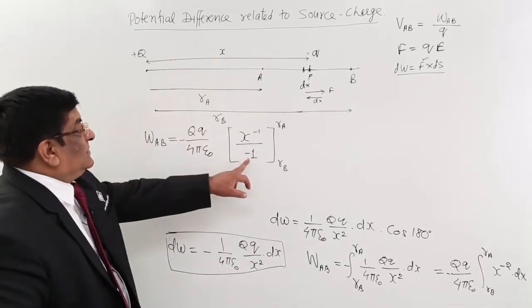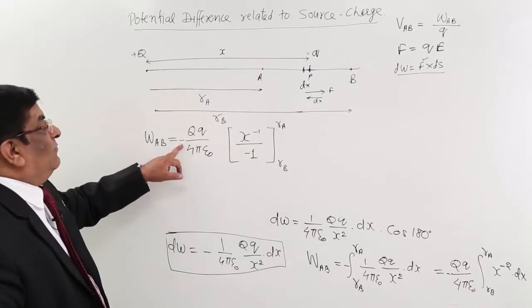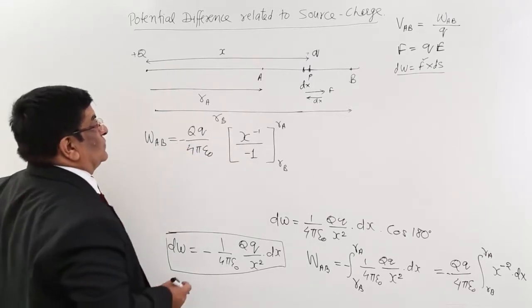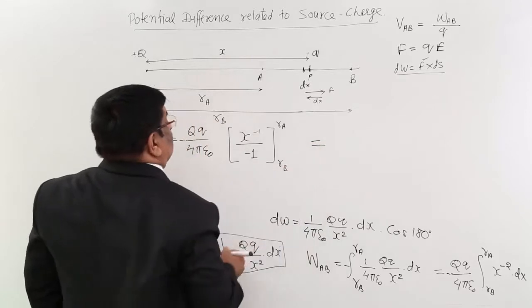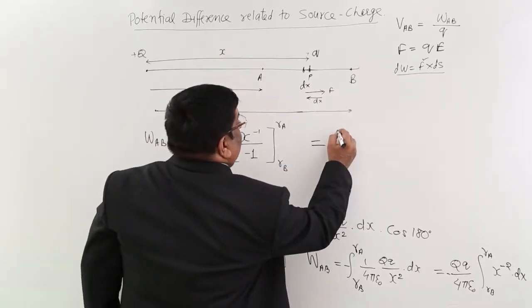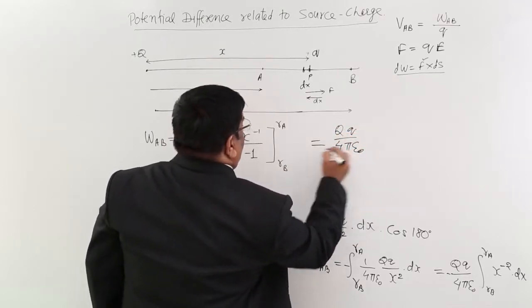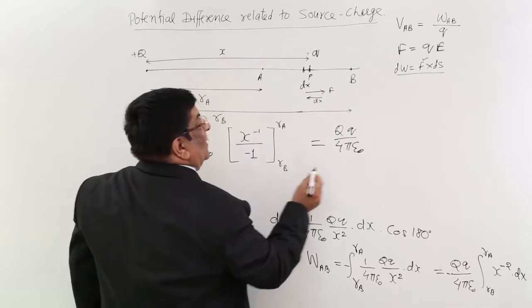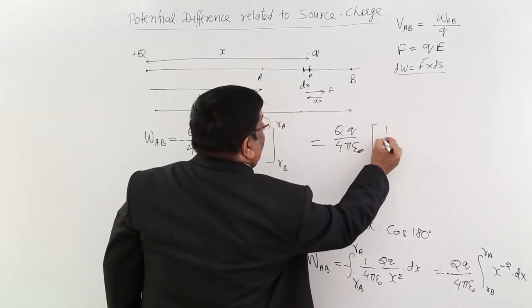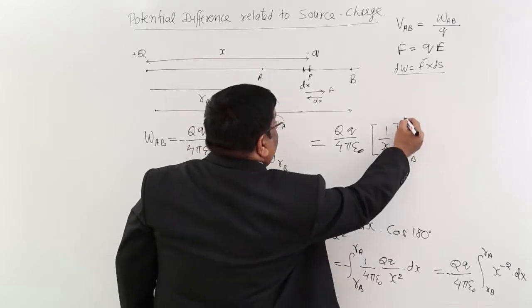Now this minus 1 we take out, and this minus will become plus. So this is equal to q upon 4 pi epsilon naught, and x to the power minus 1 means 1 upon x, with limits RB to RA.